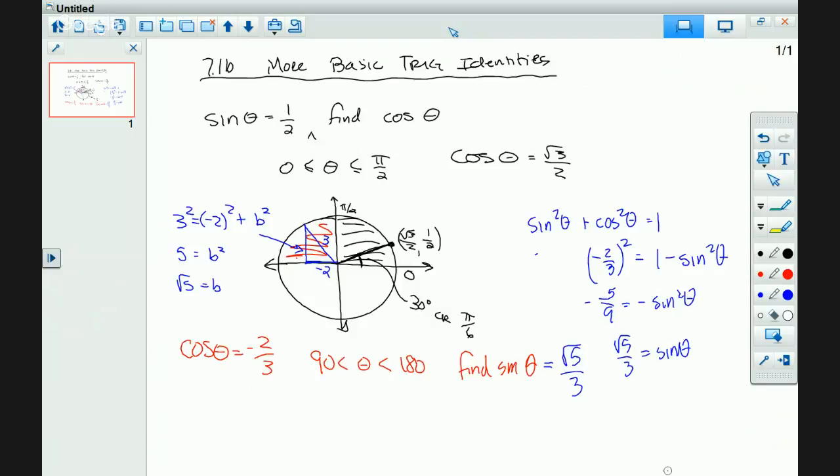Okay. All right. There's one more identity I want to show you, and then a couple of examples where we're going to actually use these identities, which I kind of referenced yesterday, but we didn't talk about.